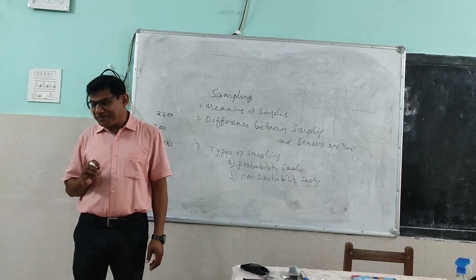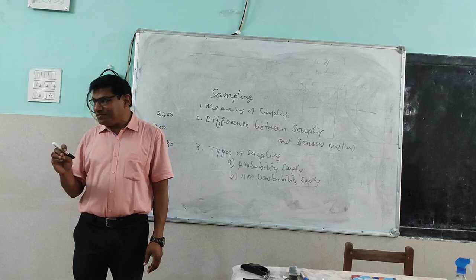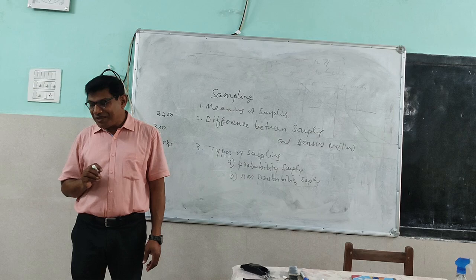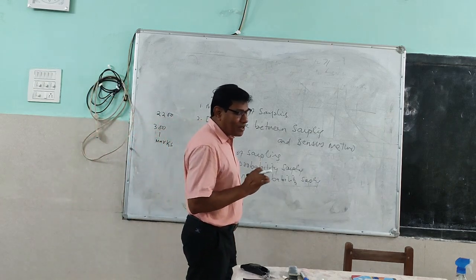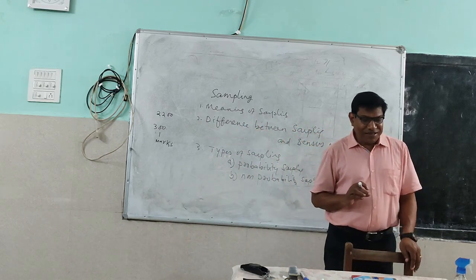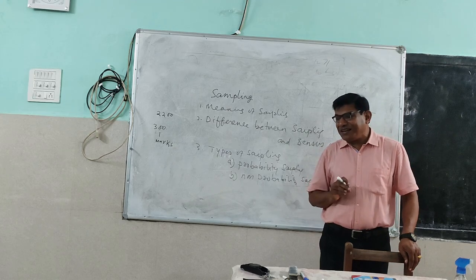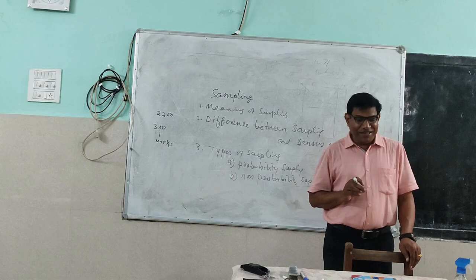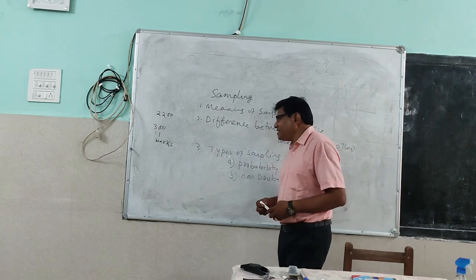One, cost effective. Cost effective means the data can be collected with less expenditure. Two, time saving. Data can be collected with less time or fewer hours. Three, it is easier than the census method.